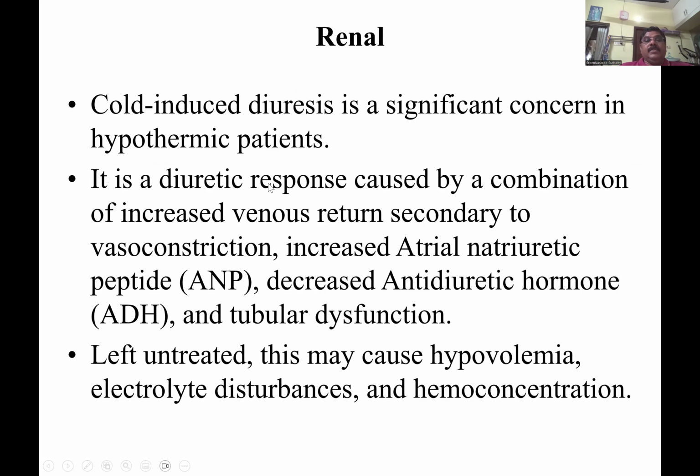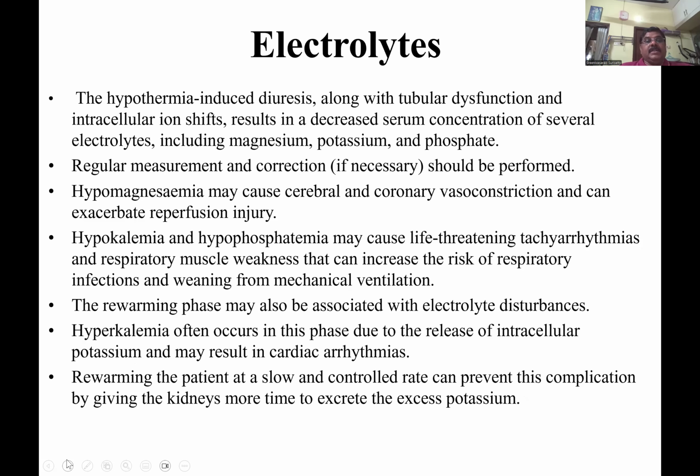Renal: cold-induced diuresis is an important complication. This diuresis is caused by the combination of increased venous return secondary to vasoconstriction, increased ANP, decreased ADH, and tubular dysfunction. If left untreated, this diuresis causes hypokalemia, electrolyte imbalance, and hemoconcentration.